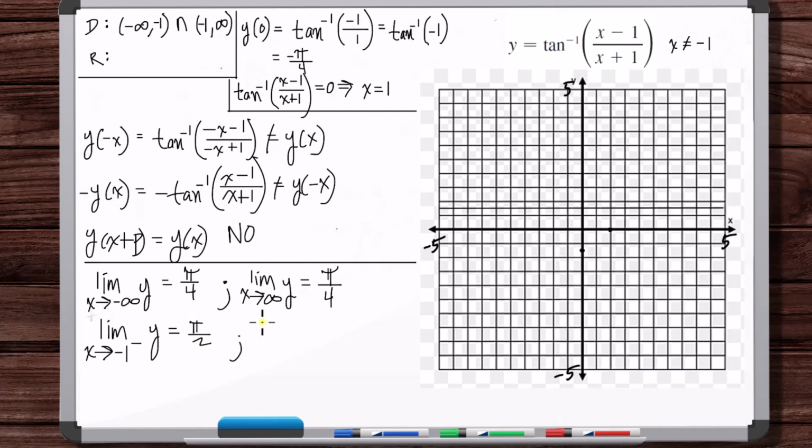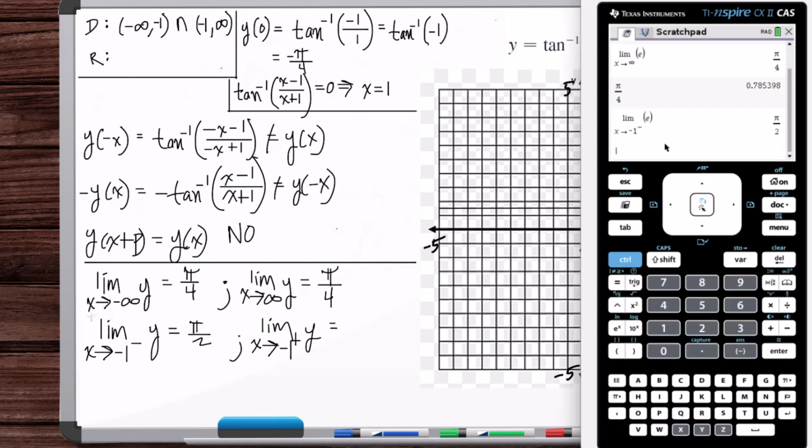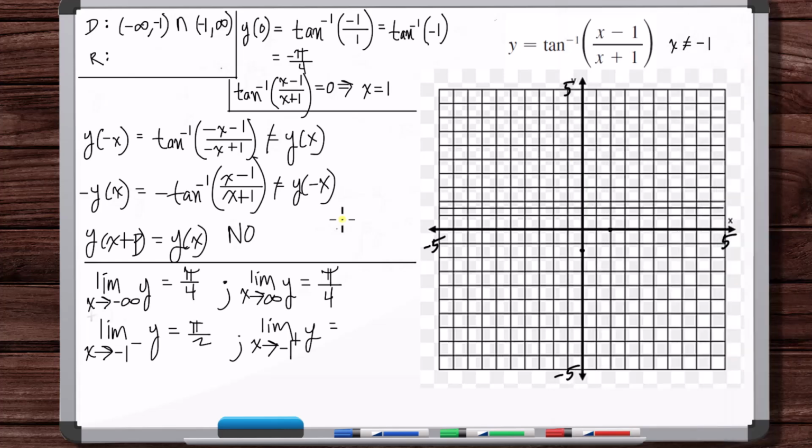What is the limit as x approaches -1 from the right? I believe this is continuous, so this should be pi over 2 as well, but we'll check. Minus pi over 2. Okay, interesting. So it's not continuous.